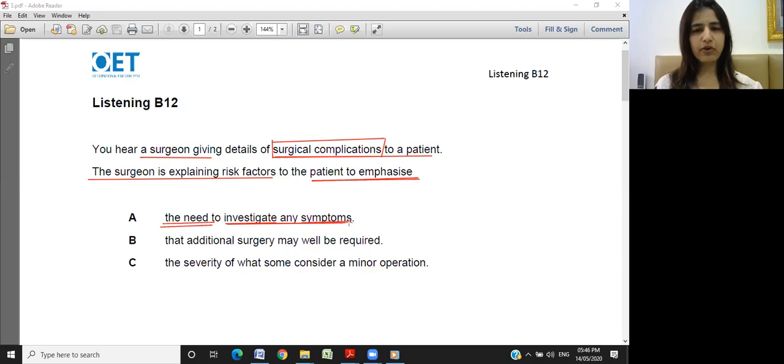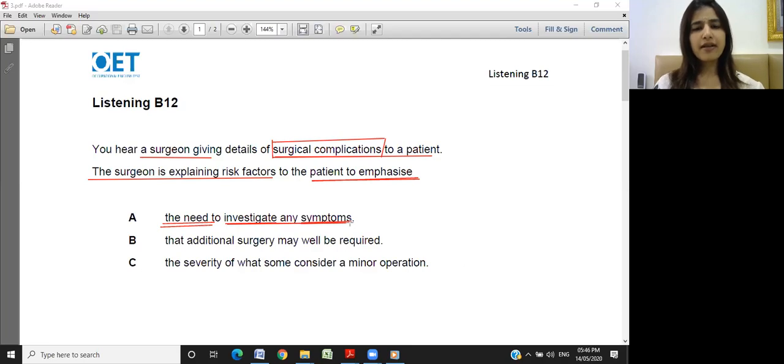Infection? Yeah, infection could be one of the complication, but if A is the correct answer, what kind of conversation? But this, we already discussed that the surgeon is trying to talk about complications in the future. And it says need to investigate any symptoms. So it is not about doing tests.